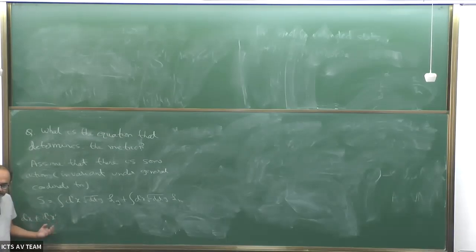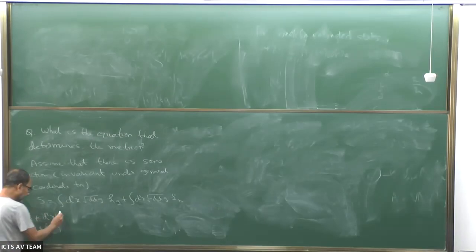But this combination, determinant of g, is also not equal to determinant of g prime, because g, as we saw, is some product of a matrix times the original g prime times the transpose of the matrix. So determinant g and determinant g prime are not equal.